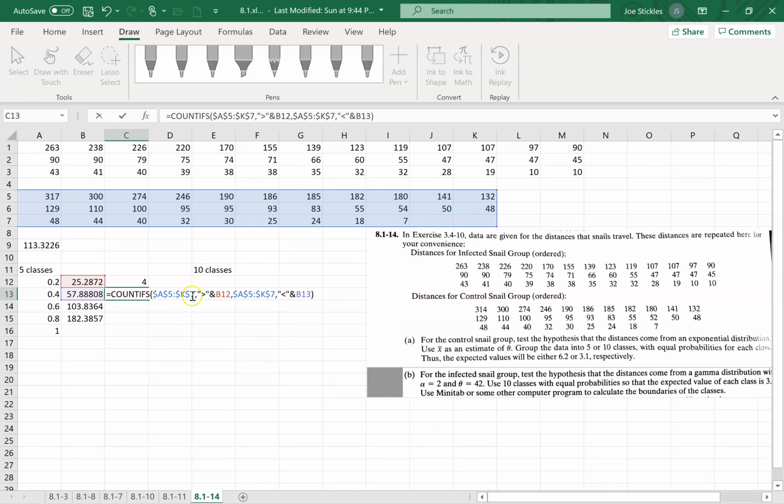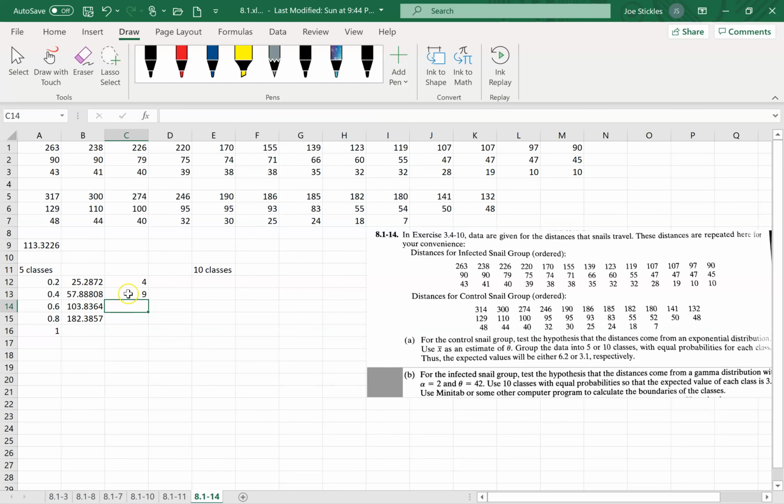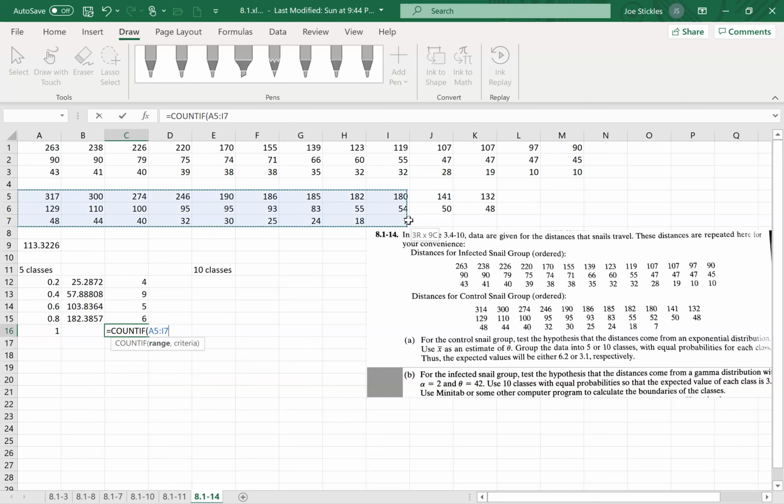Notice again on here, I want absolute cell references on these 2 because I'm going to copy this down to the next 3. All right, so grab that and copy. Then for the last one, I just need the COUNTIF command. I don't need to worry about references, whether they're relative or absolute in this case, because I'm not copying it anywhere. And I want to know if that's greater than that last number.